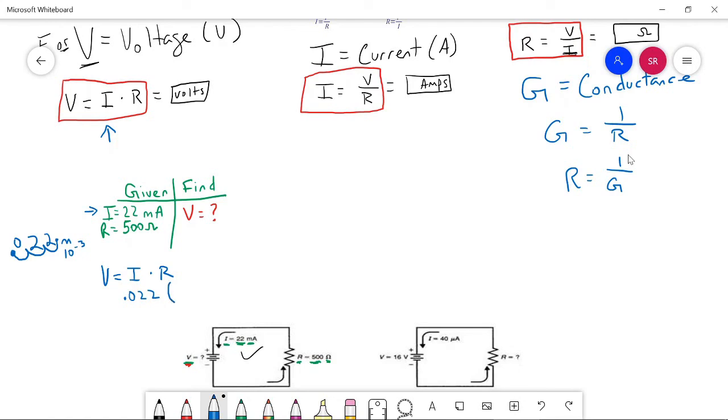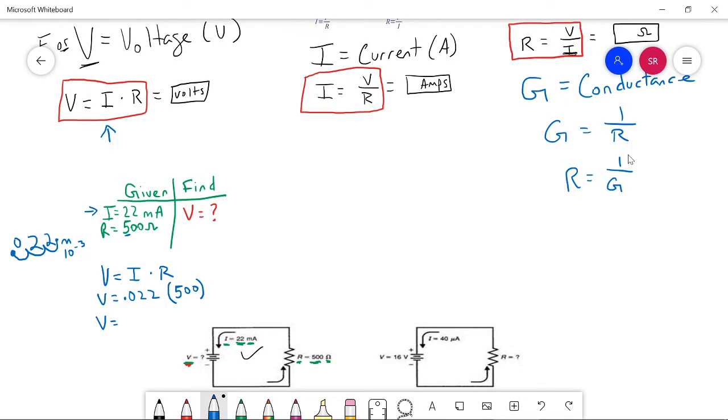What is my resistance? Well, 500 ohms right there. 500 ohms. Alright, so this is my equation. This is the substitution. Now we can figure out the voltage. Let's put it in the calculator and see what we get. Alright, I got my answer. Did you get your answer?